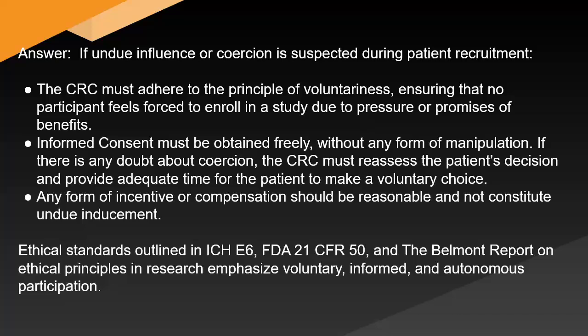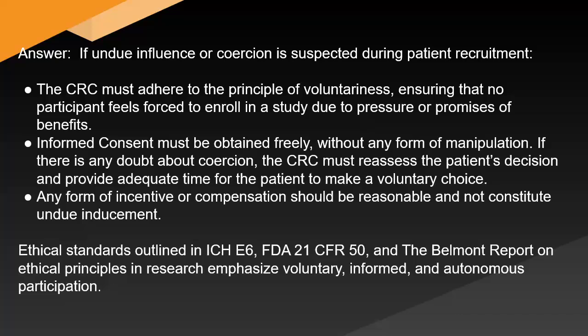If there is any doubt about coercion, the CRC must reassess the patient's decision and provide adequate time for the patient to make a voluntary choice. Any form of incentive or compensation should be reasonable and not constitute undue inducement. Ethical standards outlined in ICH E6, FDA 21 CFR 50 and the Belmont Report on Ethical Principles in Research emphasize voluntary, informed, and autonomous participation.